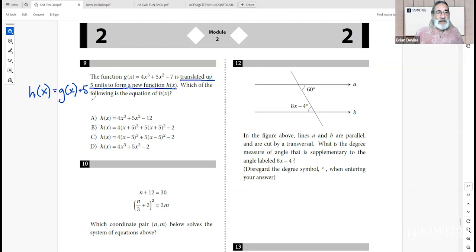Or better yet, h of x has to be 4x cubed plus 5x squared minus 7 plus 5. And so if we add those together, that equals -2. And I see that answer right here. D is the correct choice.